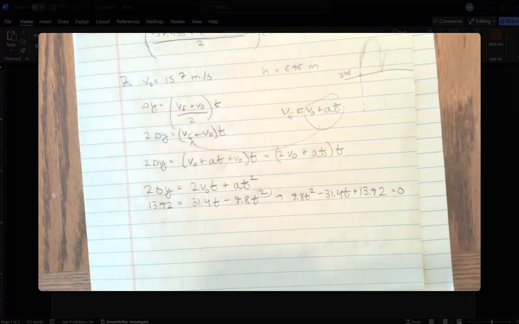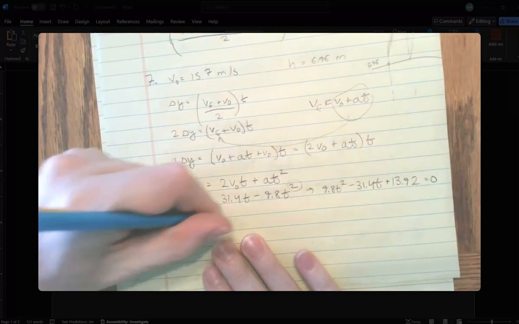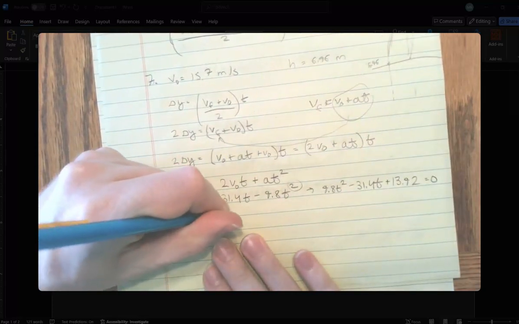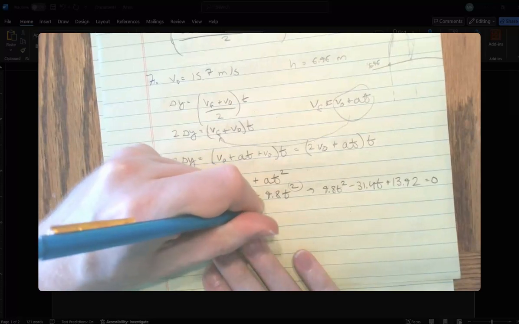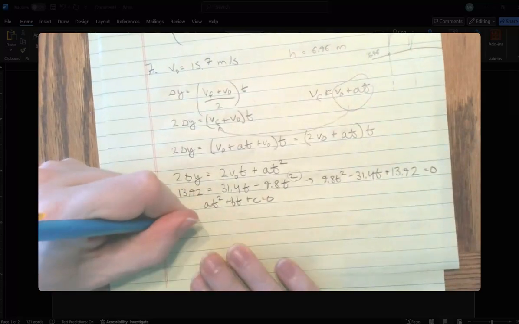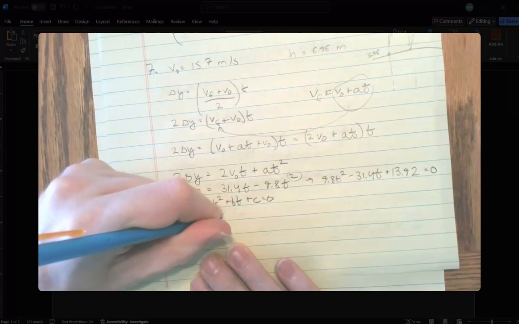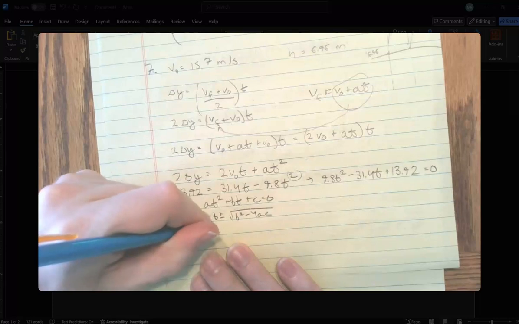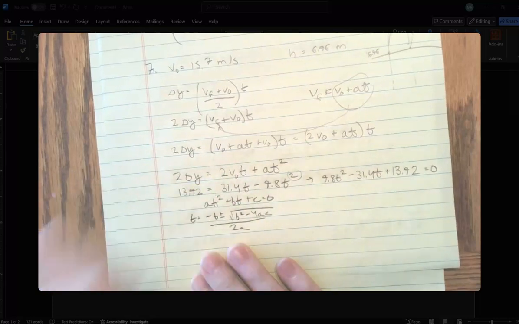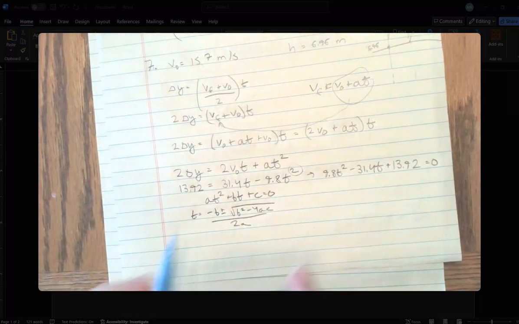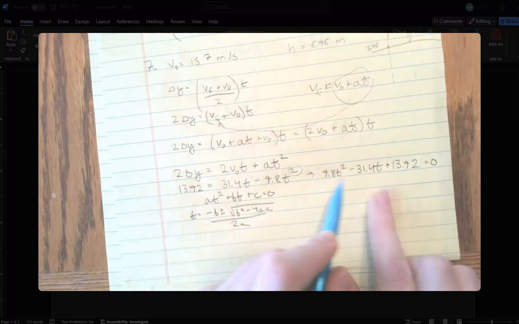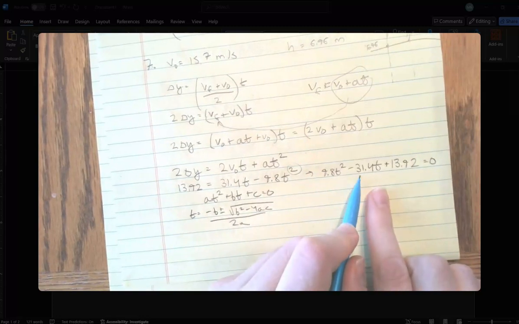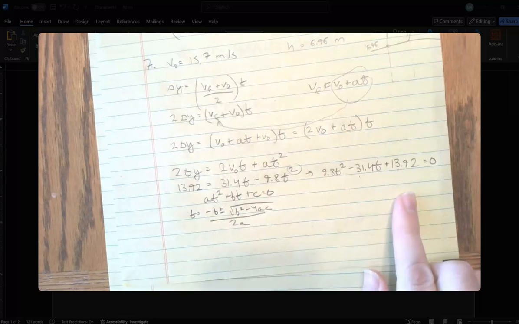Then if you have a quadratic equation, you can use the quadratic formula. If you have a t squared plus b times t plus c equals 0, then t equals negative b plus or minus the square root of b squared minus 4ac all over 2 times a. In this case, my a is 9.8, my b is negative 31.4, and my c is 13.92.